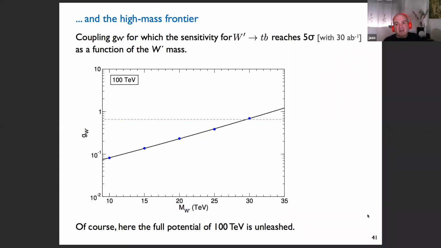The potential of a 100 TeV machine when you go to explore higher masses and larger coupling is impressive. For the coupling preferred by benchmarks, which is to set the g prime equal to the g of the standard model, then you exclude up to 30 TeV of W prime decaying into top and bottom, and light quarks.